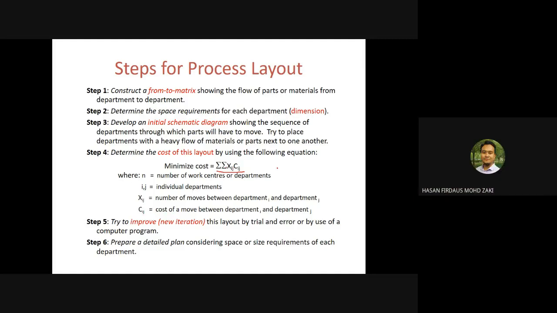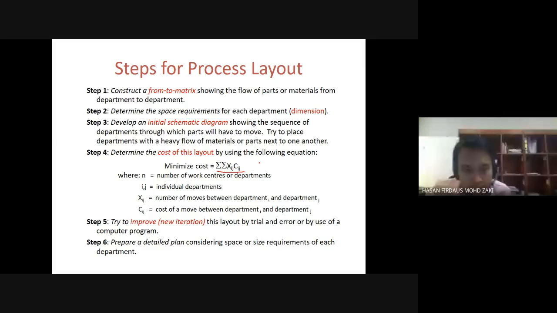Okay, so for each of the between-department values, you need to total up all of those to get the cost. Then the one with the lowest cost you take as your layout, so you want to minimize the cost.